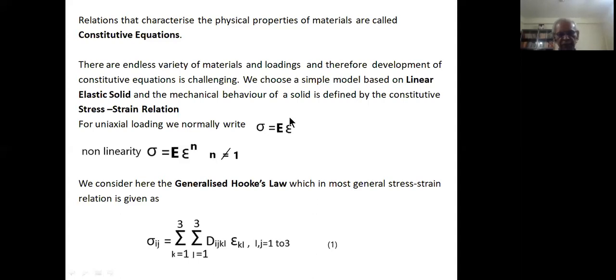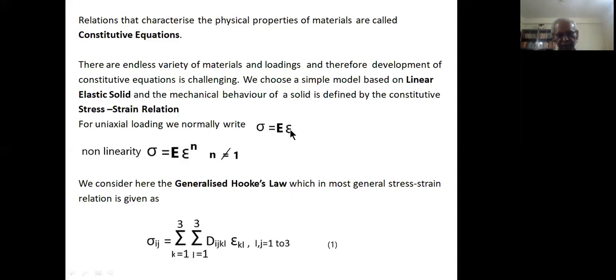Now, this is a simpler way of stating the constitutive relation, but a generalized Hooke's law or generalized constitutive equation has to be in more general terms. Look at this a little carefully. Instead of sigma, we write the stress matrix, that is sigma ij.